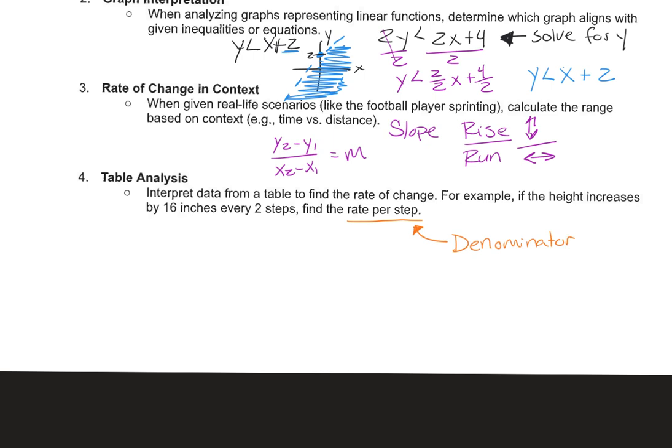And I know that the height increases 16 inches every 2 steps, and I know the rate per step is my denominator. So I'm going to have inches over steps. So we're going to go 16 over 2, which is going to simplify to 8 inches per step.